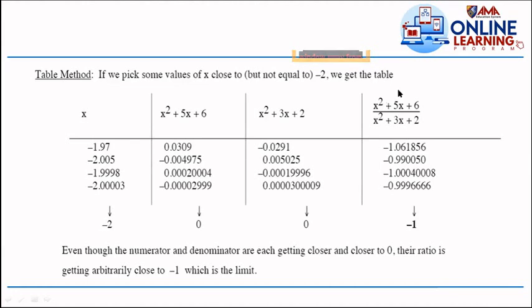Your limit of the function y is equal to function of x also approaches negative 1. Even though the numerator and denominator are each getting closer and closer to 0, their ratio is getting arbitrarily close to negative 1, which is the limit. Okay, so using the table method, the limit also approaches negative 1.